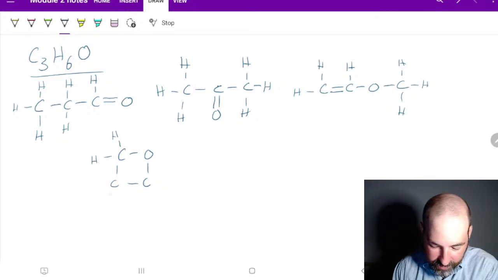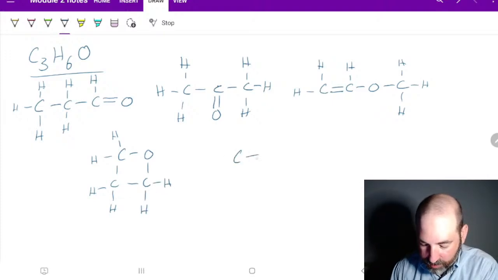We could also add the oxygen outside of the ring. The oxygen could end up with a hydrogen attached to it. That will also work.